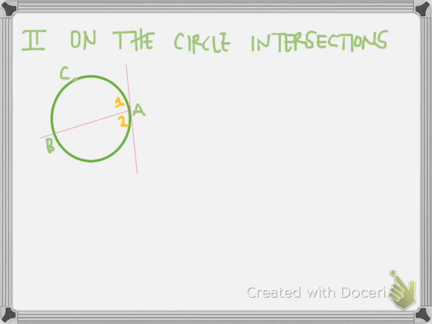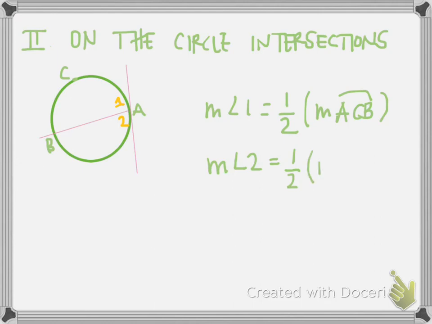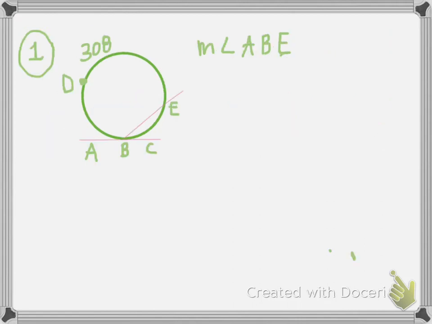So the measure of angle 1 is going to be 1/2 times the measure of its intercepted arc, so that would be AC and B, and the measure of angle 2 would be 1/2 times the measure of the arc AB. Okay, so that's if one's a tangent and the other is a secant.